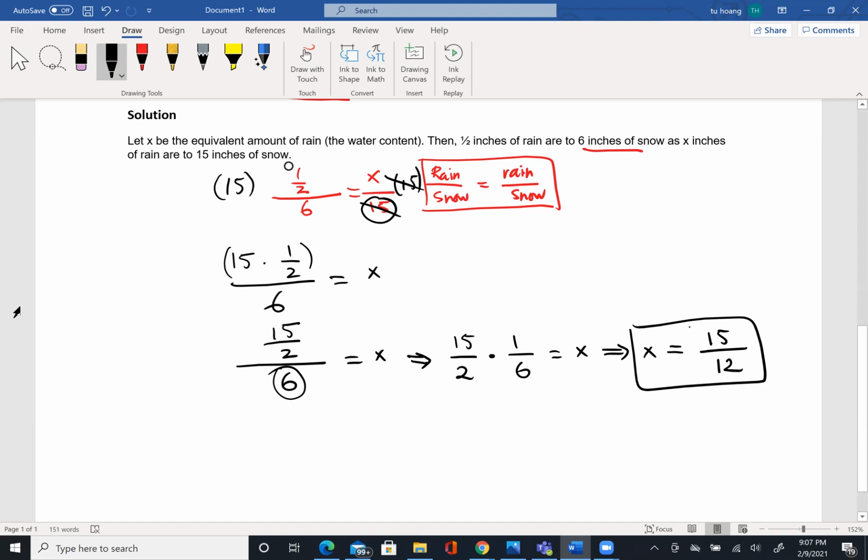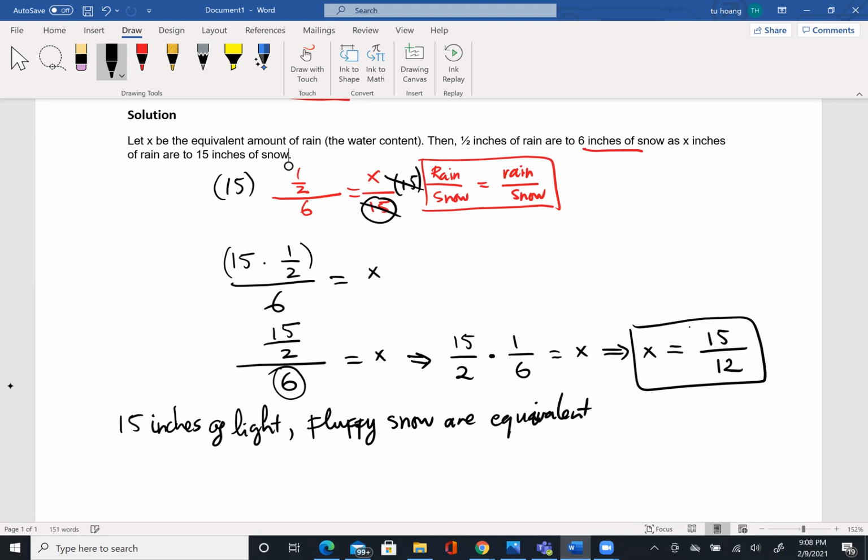So in words, I can say 15 inches of light fluffy snow equivalent to about 15 over 12 inches of rain. Okay.